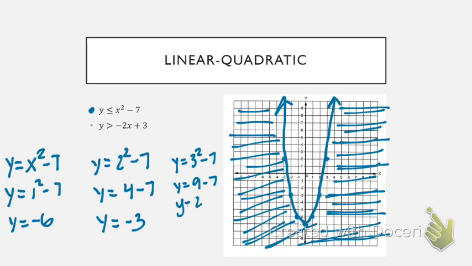Then I need to graph my line, which I'll do in red. And my line is negative 2x plus 3. So I have a y-intercept at 3 and a slope of negative 2. And since there's no line underneath my inequality, we're going to do a dashed line here.